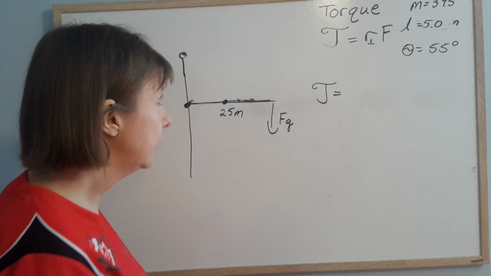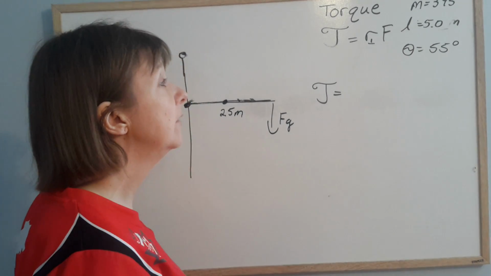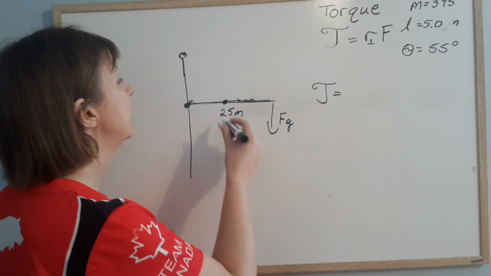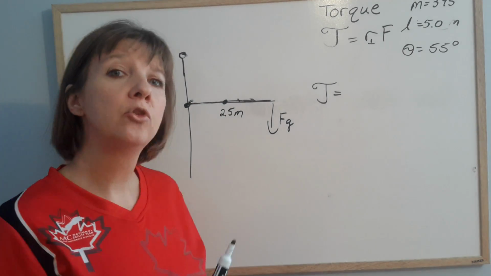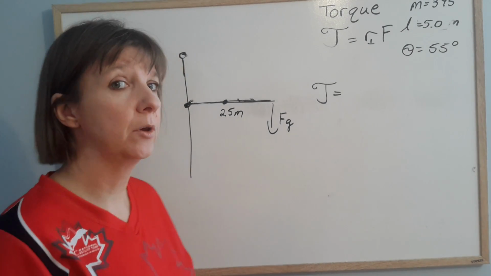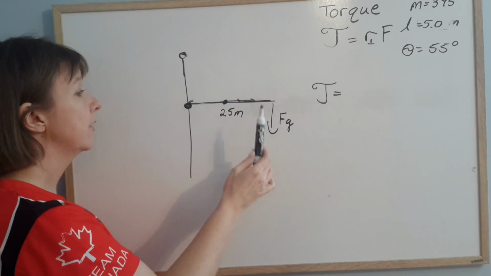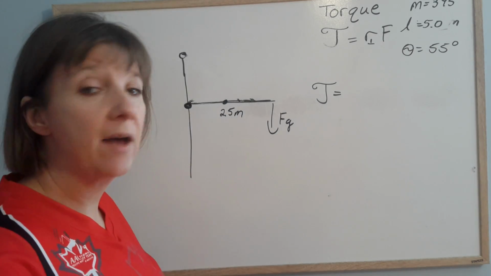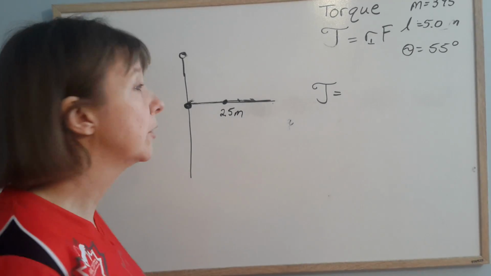So, when we figure out the torque, the lever arm distance is the distance from the center of mass to where the pivot point would be. So the pivot point would be here, and I kind of drew that in the wrong spot, but it's because I had a number in the way.